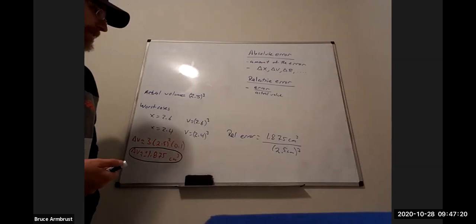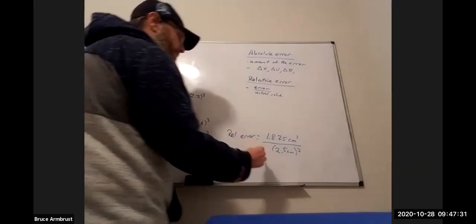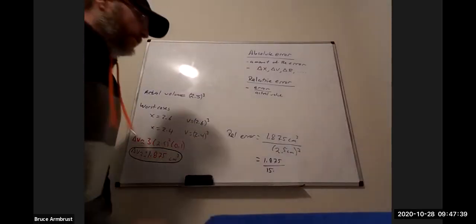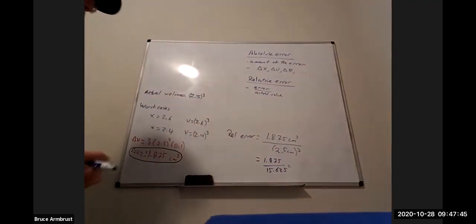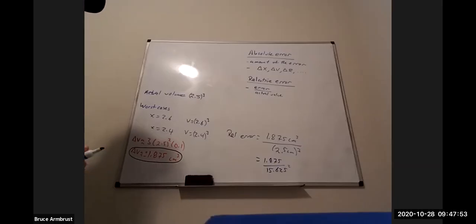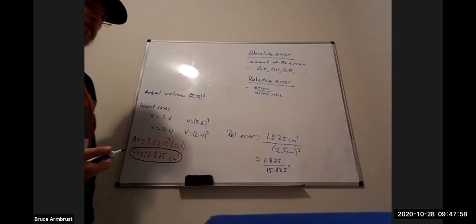So it's the actual error divided by the true value, what it should be. Mariola, was that 15.625, the 2.5 cubed? Yes. Okay, so you take the 1.875 and divide it by 15.625, and that gives you the relative error. It's slightly more than 0.1, like 0.12 something.